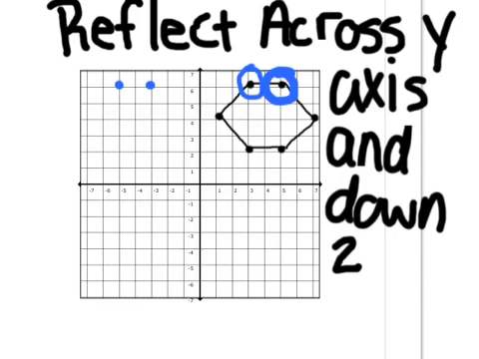This point that is at 1, 4 will become negative 1, 4. And the point that's at 7, 4 will become negative 7, 4. The point at 3, 2 will become negative 3, 2. And the point that's at 5, 2 will become negative 5, 2. Again, we connect our points.